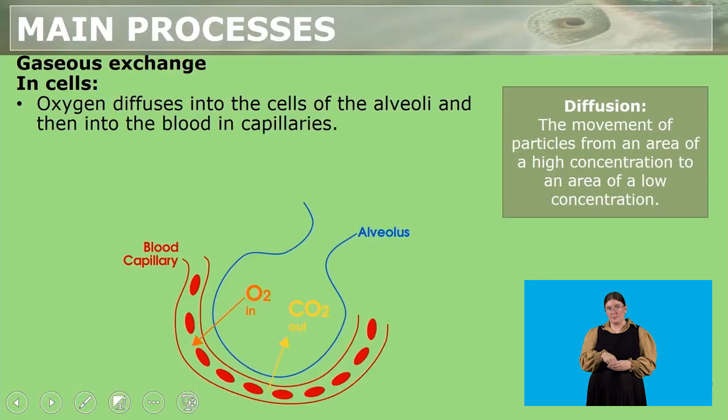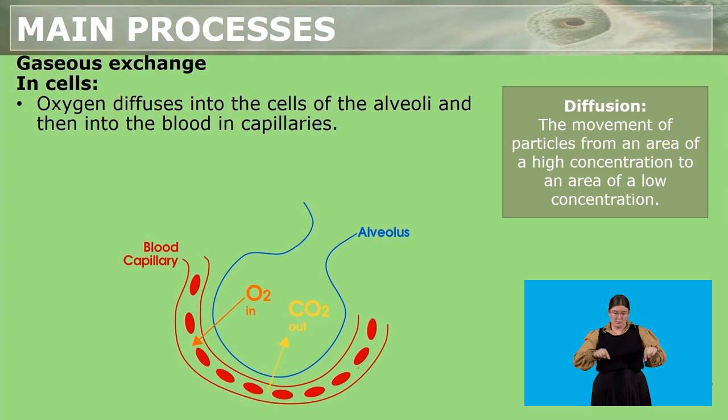Next, we look at gaseous exchange in the cells. Here we have oxygen that diffuses into the cells of the alveoli and then into the blood capillaries. There you can see we also have another diagram of the alveolus.